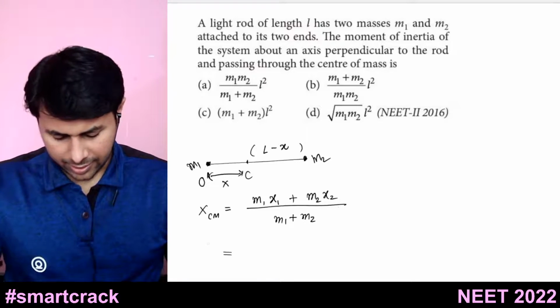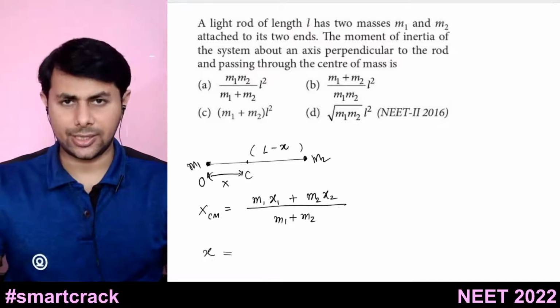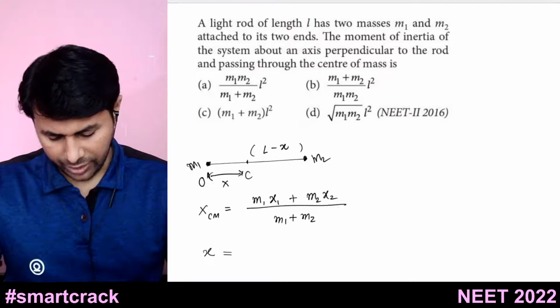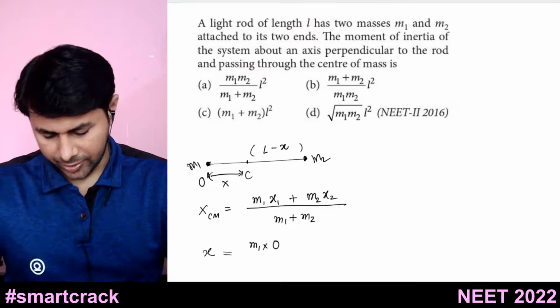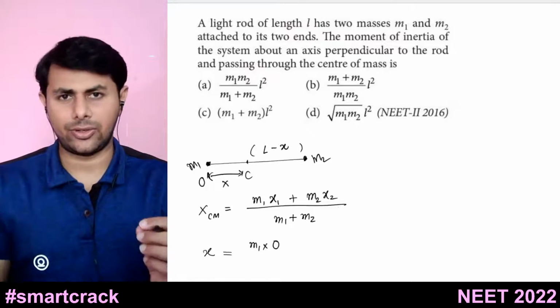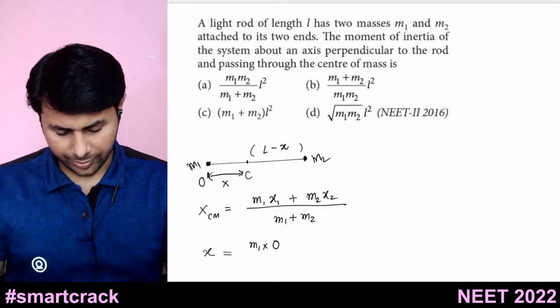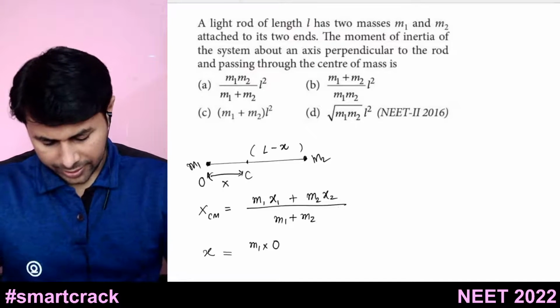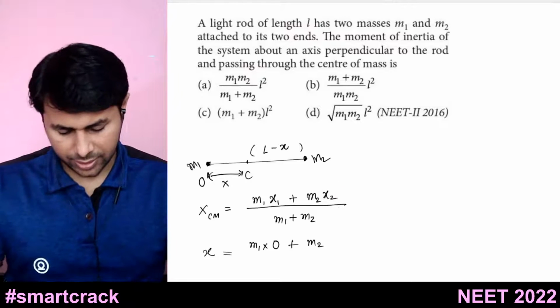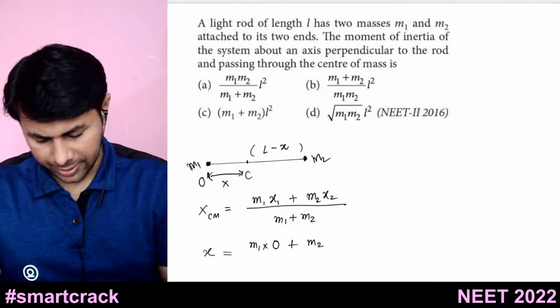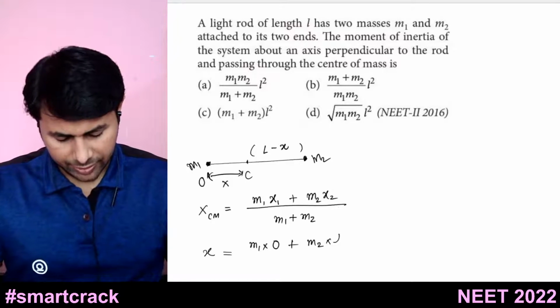So this xcm, suppose it is equal to x. m1 x1, so it is m1 times position of this first particle, the x coordinate of the first particle is 0, plus m2 times the x coordinate of the second particle, which is the length of the rod, divided by m1 plus m2.